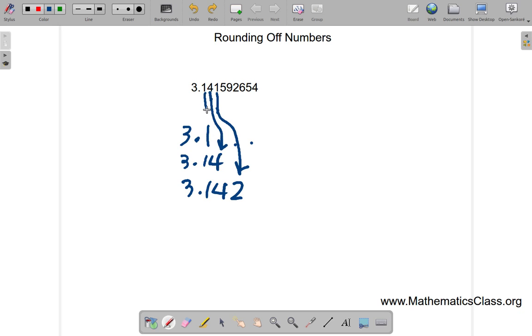And the same thing applies to this one. So that is the rule of rounding off. Later on we'll look at writing down numbers to a certain number of decimal places and to a certain number of significant figures. But for now we'll just look at general rounding off.